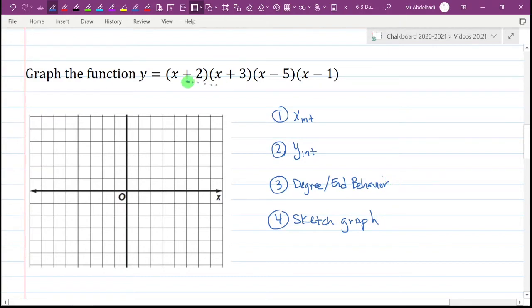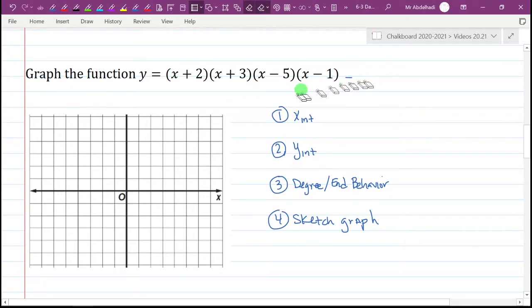Now, if we have something fully factored like this, if it's already written as factors, we don't have to factor it. So you're welcome. That's done for you. How do you find the x-intercepts? Well, you assume that y is 0, and you know that whenever you have a whole bunch of factors multiplied to give you a 0, you can use the zero product rule.